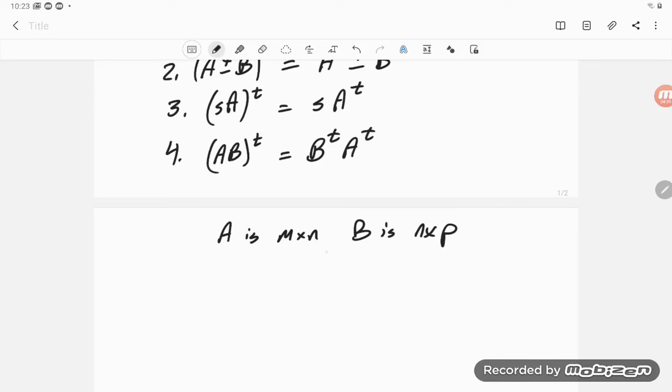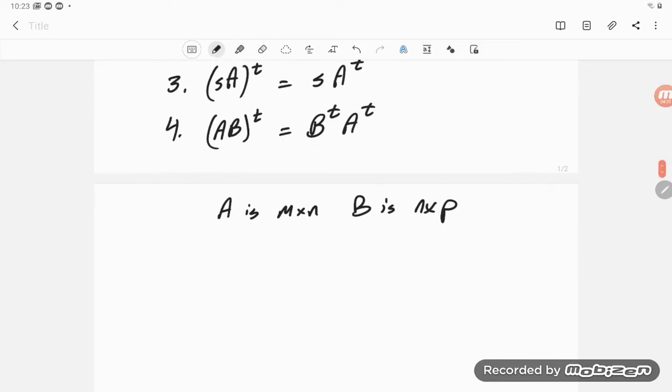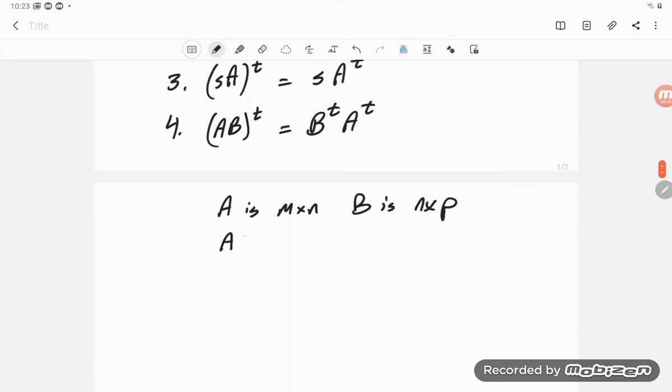Those two, the n and the n, have to match up, but then notice A transpose is n by m, and B transpose is p by n. So in the same order, A then B, you couldn't necessarily do that multiplication because m might not be equal to p.